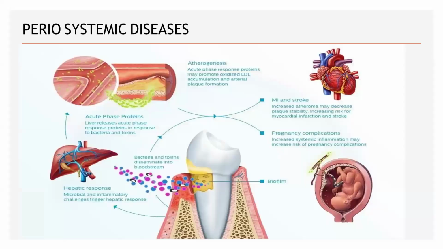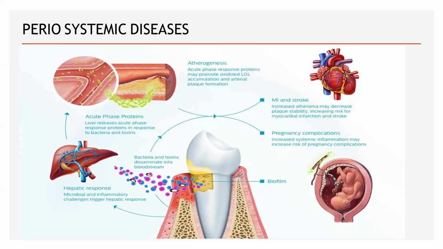So periodontal diseases: how do they impact systemic conditions? In this diagram, we can see the periodontal biofilm, or the dental biofilm. The bacteria present in this biofilm and their toxins get disseminated into the bloodstream, causing various systemic responses. The microbial and inflammatory challenge triggers the hepatic response, leading to release of acute phase proteins from the liver.